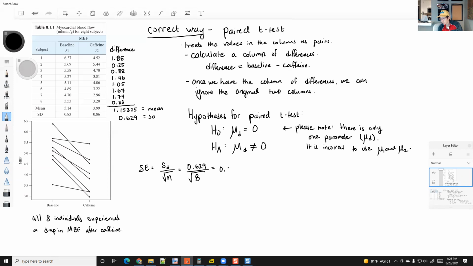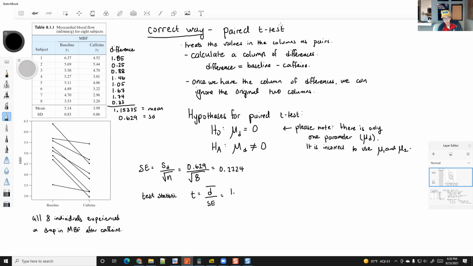So this leads to 0.2224. And then your test statistic, which is a t-value, is going to be the mean of the difference column divided by your standard error.